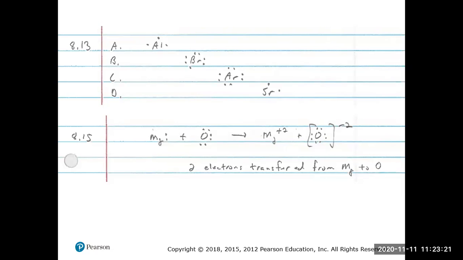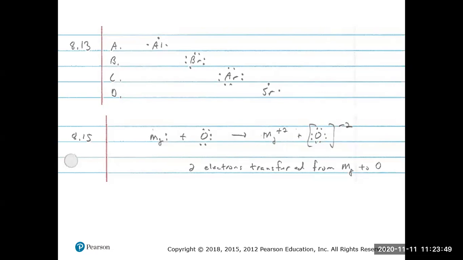The magnesium has lost 2, so we put a +2 superscript for that. For the oxygen, we fill in the 8 dots, put parentheses around it, and give it a -2 superscript to indicate that it's picked up 2 electrons. So in this electron transfer reaction, we have 2 electrons moving from magnesium to oxygen.